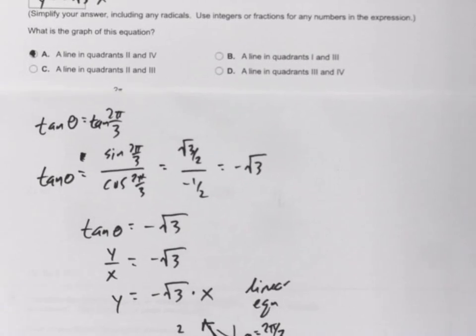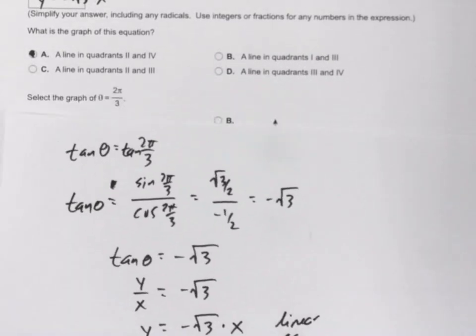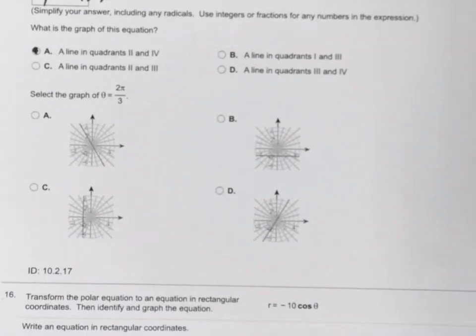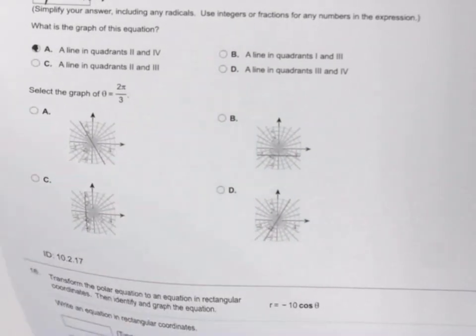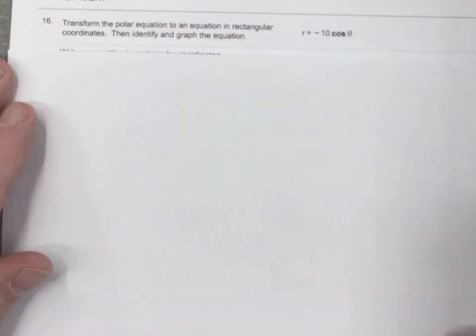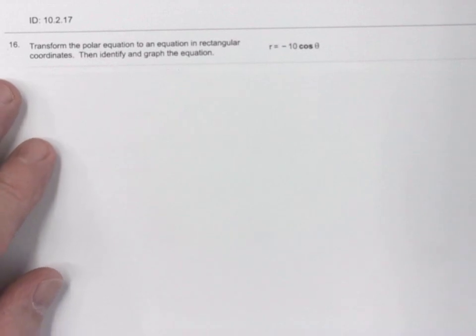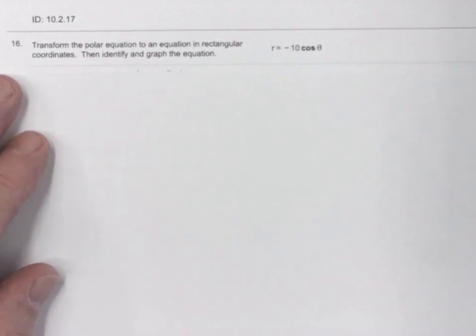All right, and the last one, problem 16, this is probably the trickiest one of all, where the polar equation is r equals negative 10 cosine of theta.